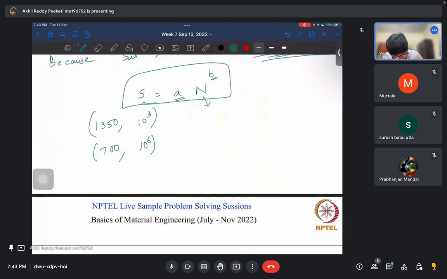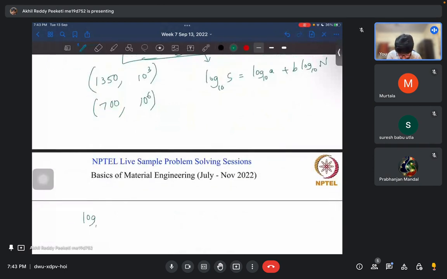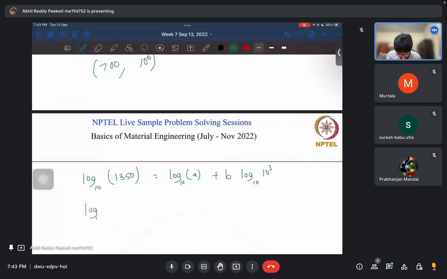Let's take log here. So log 10 of S is equal to log 10 of A plus B log 10 of N. Now let's substitute the first point. Log 10 of 1350 is equal to log 10 of A plus B into log 10 of 10 power 3. And the second one, log 10 of 700 is equal to log 10 of A plus B into log 10 of 10 power 6.